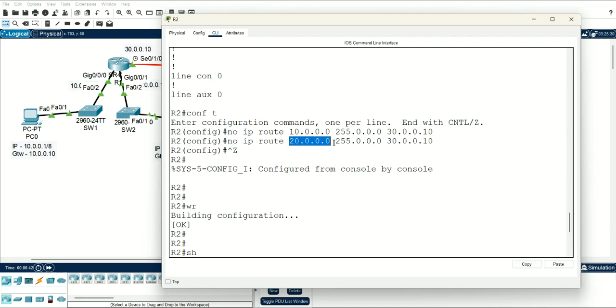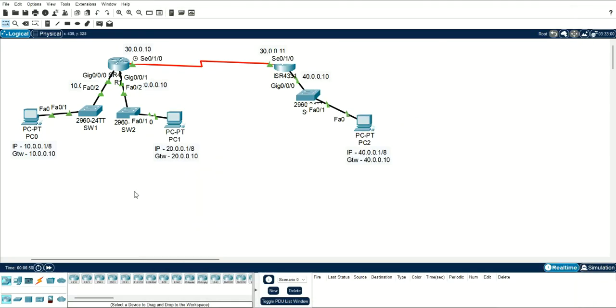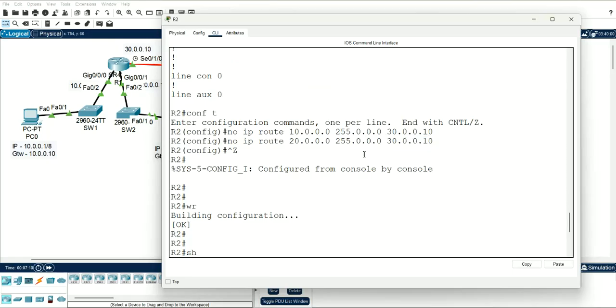If you have many destinations and have only one common gateway, we call that a stub router. S-T-U-B. See this router, there is no other gateway. This is the only gateway to reach all unknown destinations. Do you agree? Whenever you have a stub router, you don't need to write these many lines.